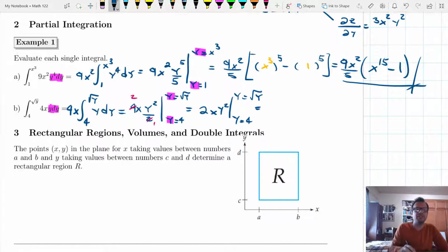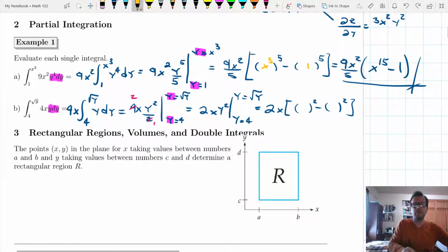All right, so let's see. 2x times quantity squared minus quantity squared. Let's evaluate the upper limit and the lower limit: square root of y, and then 4.